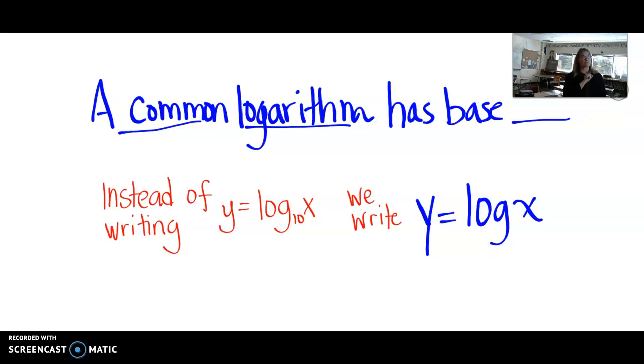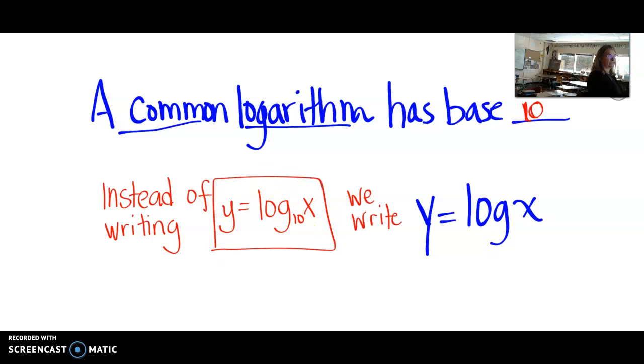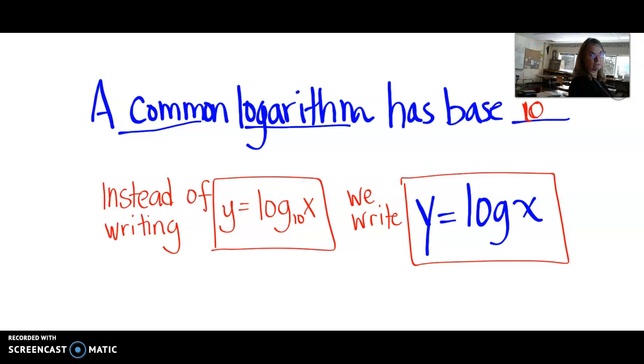There's a logarithm that's called a common logarithm, and it's called that because it shows up a lot. It has base 10. When the base is equal to 10, it's called a common logarithm. Instead of writing y equals log of base 10 of x, we write y equals log of x, and you leave out the 10, just like we left out the index of 2 when it was a square root, because it's so common.